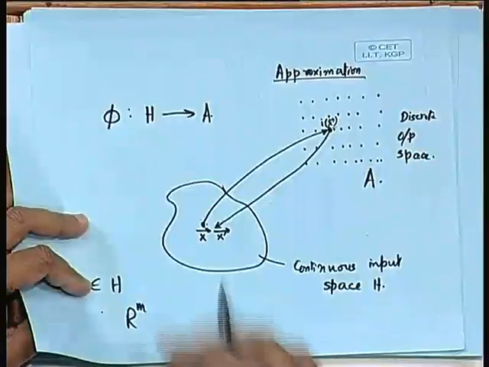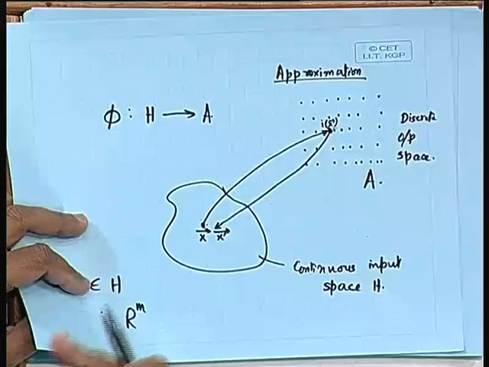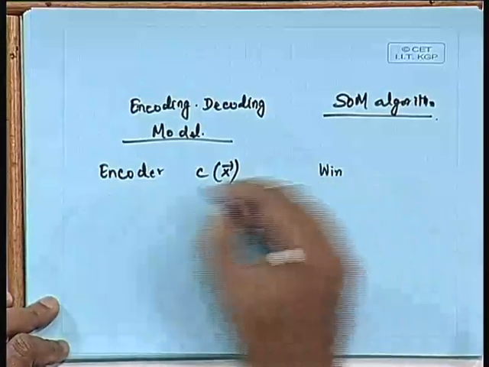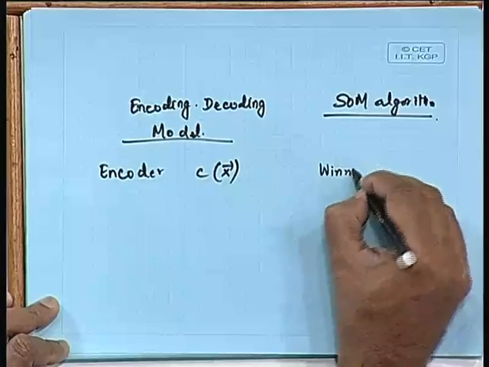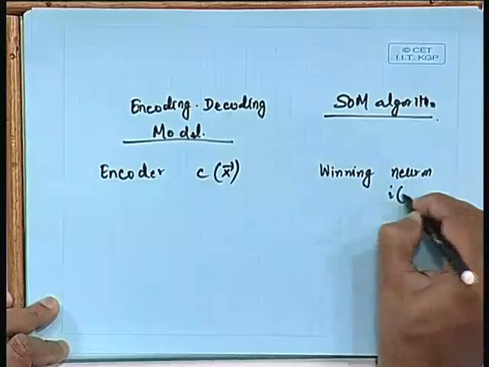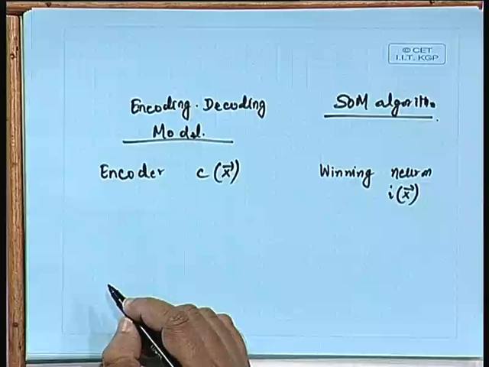You do not have to look at the equations, just go back to our concept of discrete space approximation. Yes, that is I of x. I of x is the equivalent of the encoding process. So, encoder C of x for the encoding-decoding model is winning neuron I of x for the self-organizing map.